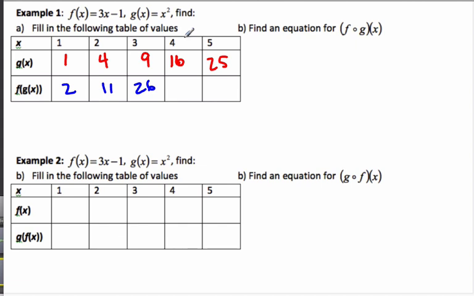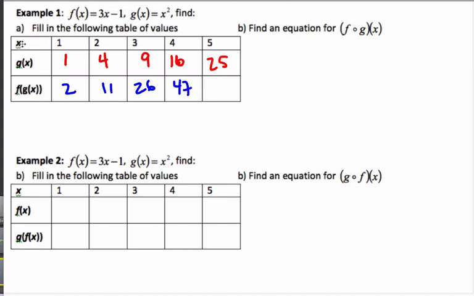And if I'm going to do f of g of 4, x is 4, g of x is 16. So f of g of 4 is f of 16, 3 times 16 I know is 48, minus 1, I get 47.